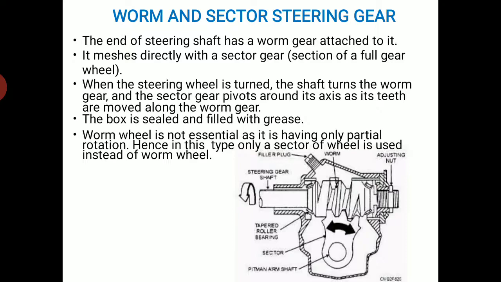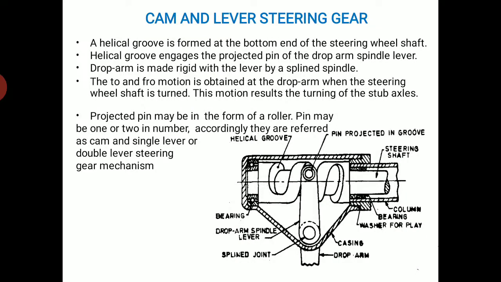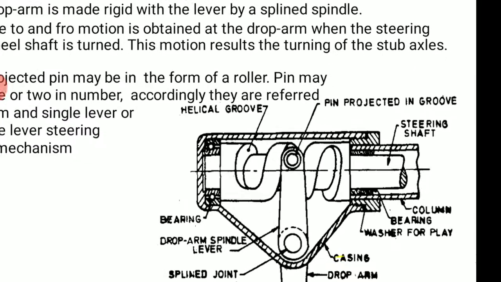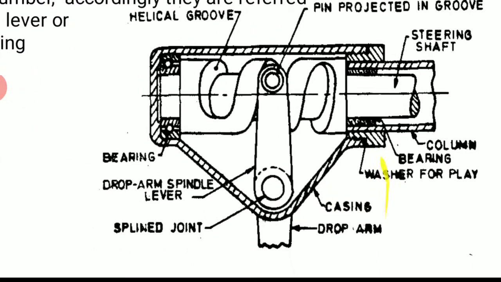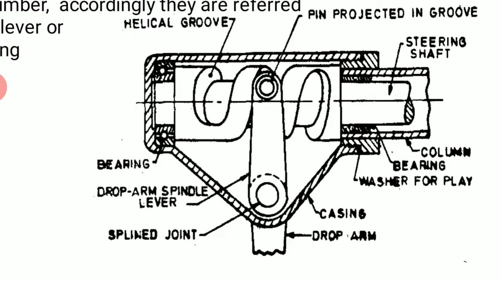After knowing the worm and sector gear, now the cam and lever steering gear. The same concept applies. You can see a helical groove type section is provided.